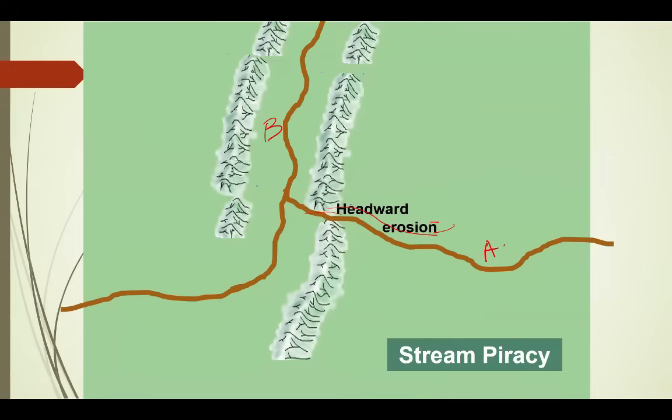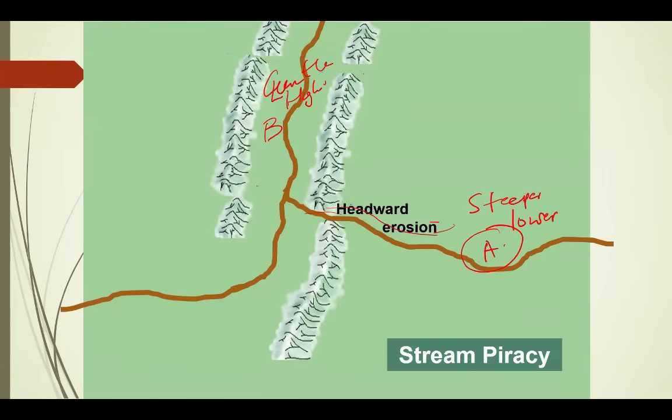And then when the two rivers join, the rivers will now be flowing to their lowest point, which means river A is on a steeper gradient, but at a lower lying area. This one is on a gentle gradient, but on a higher lying area.